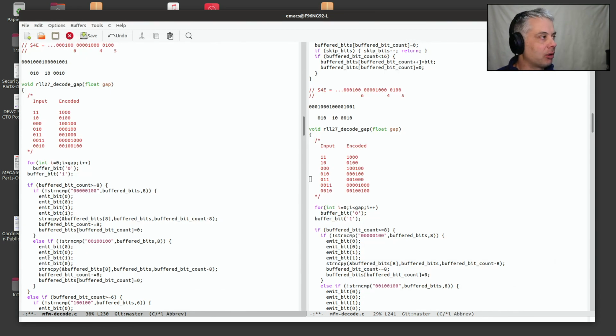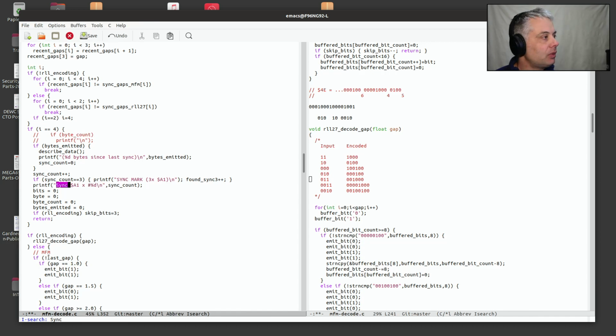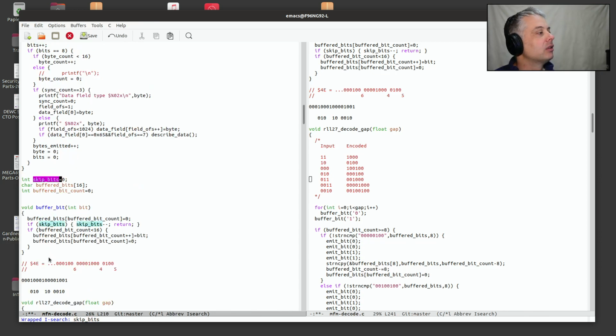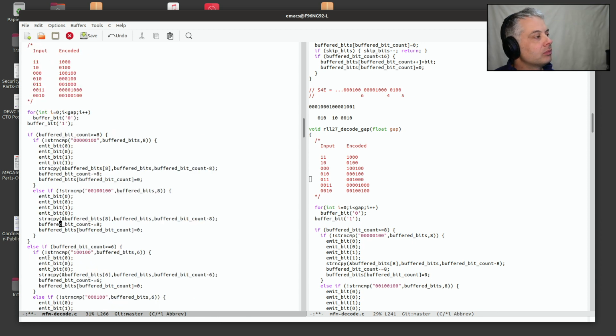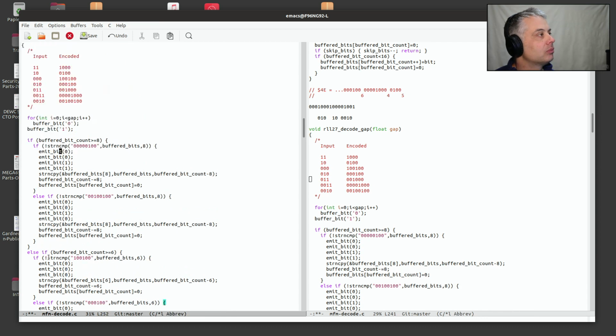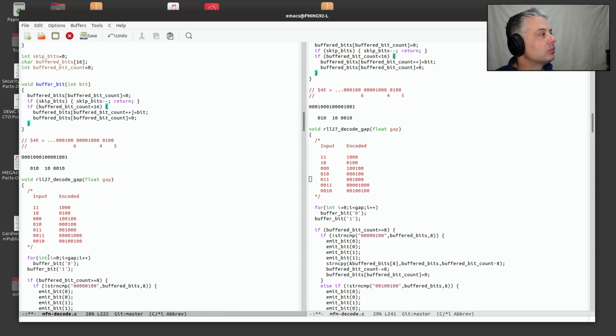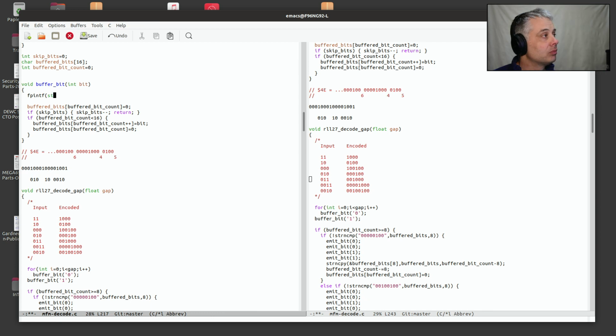When we detect the sync marks, right, we should actually flush the buffered bits. Let's have a look at what's in here.